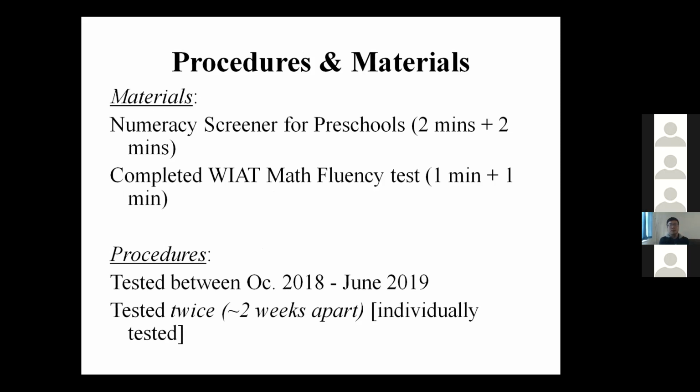After the screener, each child completed the Wide Range math fluency test. So they spent 1 minute for addition and another minute for subtraction. The procedures are quite straightforward. So we went to the school and the center, and we tested each child individually, and also each child was tested twice, 2 weeks apart.